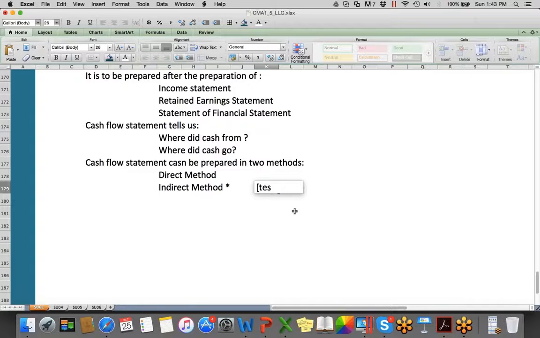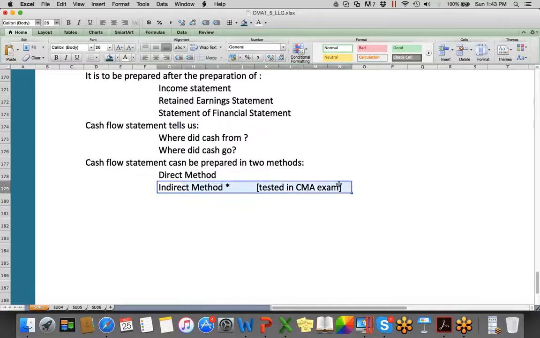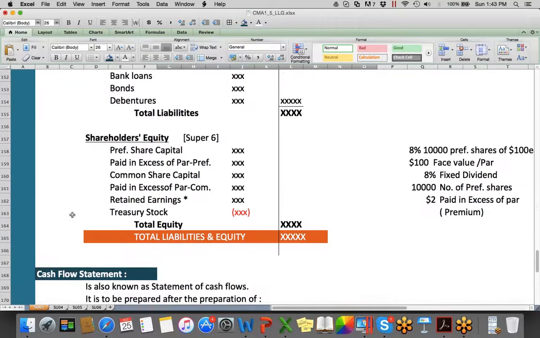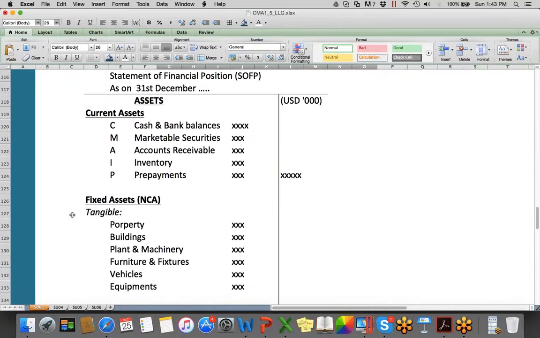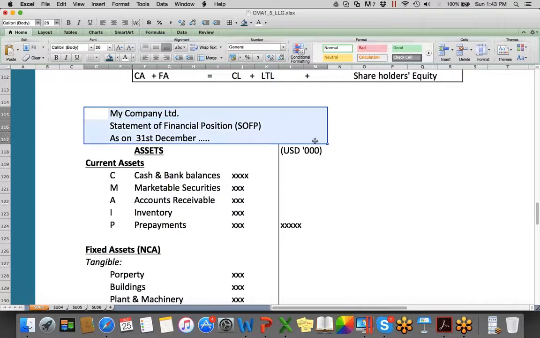For CMA syllabus, you should consider always indirect method. So please remember, indirect method is tested in CMA examination, not direct method. But we'll learn both starting with indirect method. Okay. So let us prepare a cash flow statement using indirect method.